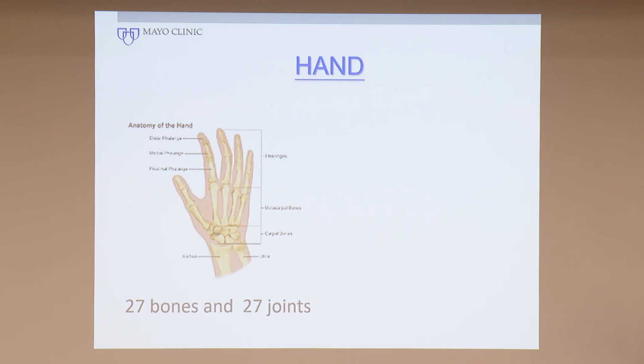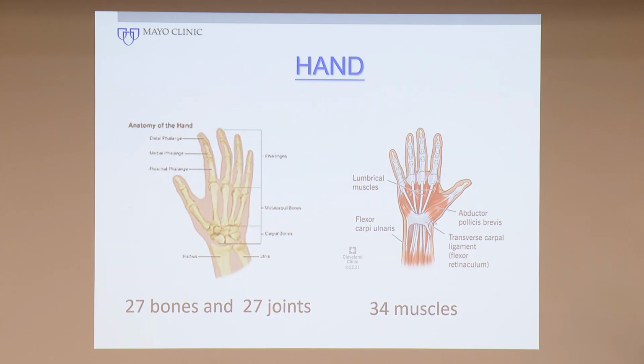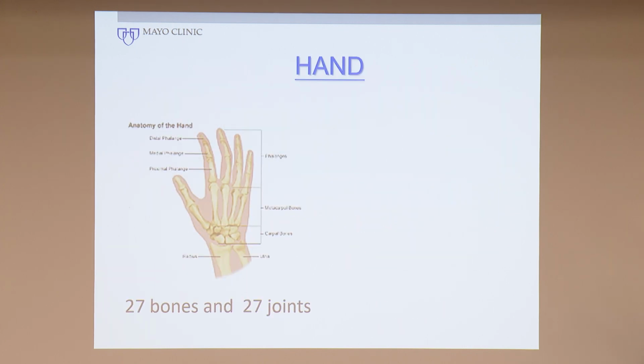Briefly, in the hand, we have basically 27 bones with 27 joints. Again, as you can see, there are a lot of bones in the wrist. Basically, there are 8 bones here. There's a unique structure for that. Because of this design, we are able to conform our hand to any shape of the object we try to handle.